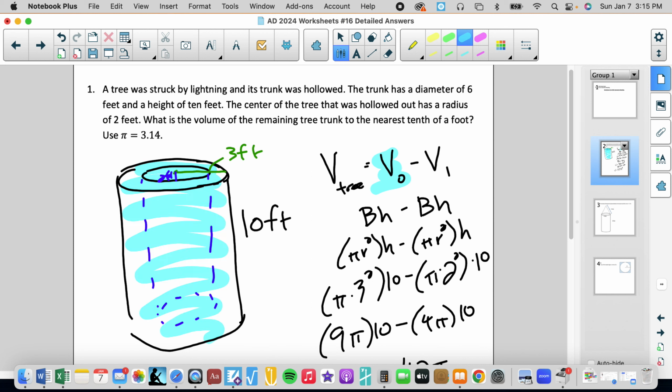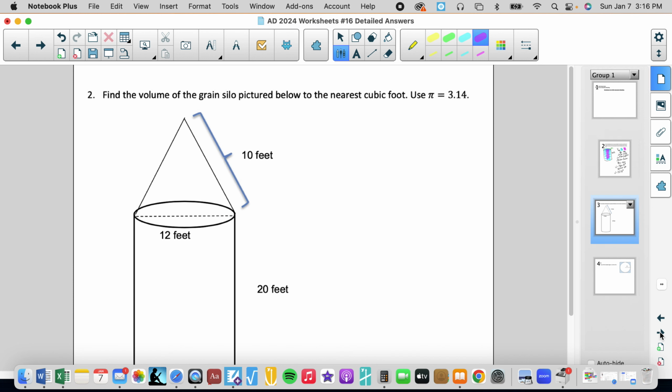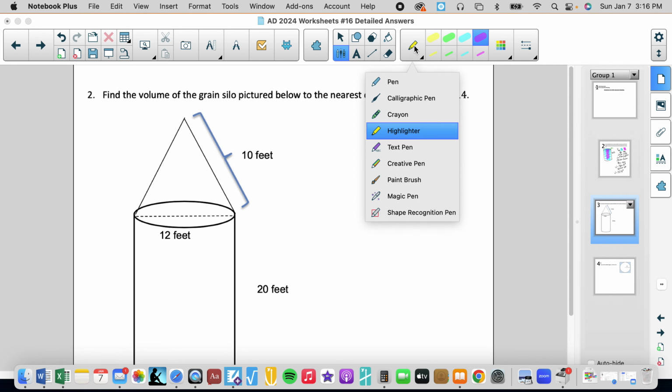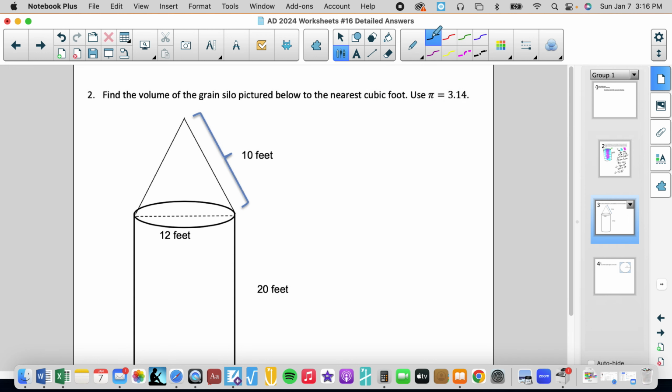And then we want to subtract this part, this inside cylinder. So we're going to minus that. We're going to subtract that out. It's like a donut. But you got to know it and understand it to really see it. So here we go again. We're going to break this into 2 pieces.